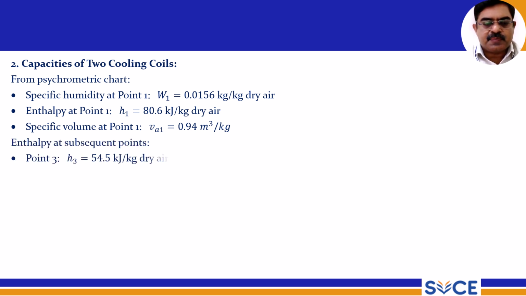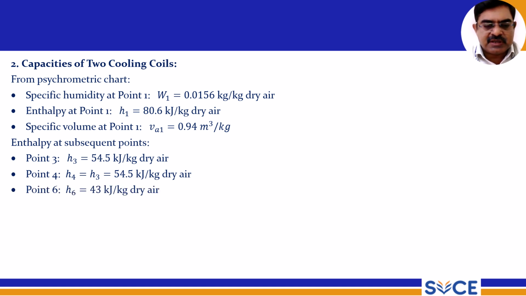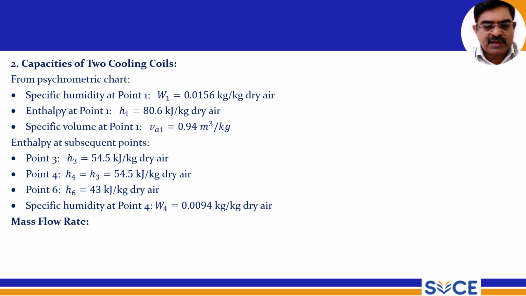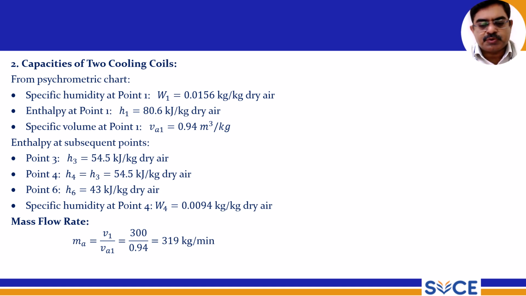Enthalpy at subsequent points: H3 equal to 54.5, and H4 also equal to H3, 54.5 kilojoules per kg of dry air, and H6 is 43 kilojoules per kg of dry air. Specific humidity at point 4 is W4, that is 0.0094 kg per kg of dry air. Mass flow rate is MA equal to V1 divided by Va1; we know both, so substituting those values, it becomes 319 kg per minute.